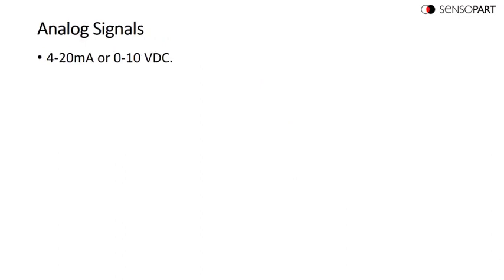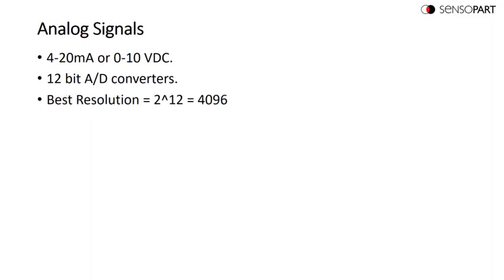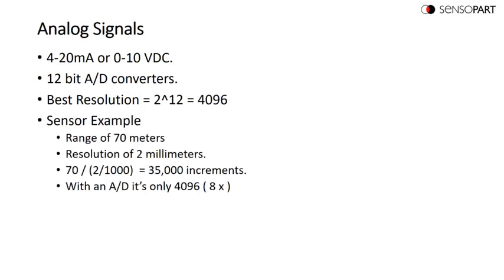Let's just talk about the traditional 4 to 20 milliamp. Typically, PLC inputs are 12-bit A to D converters, and most often sensors are 12-bit also. So you have a resolution of 4095. If you have a sensor with a 70-meter range and a 2-millimeter resolution, that sensor is capable of 35,000 different increments of distance, but with the analog to digital converter you only get 4,000.